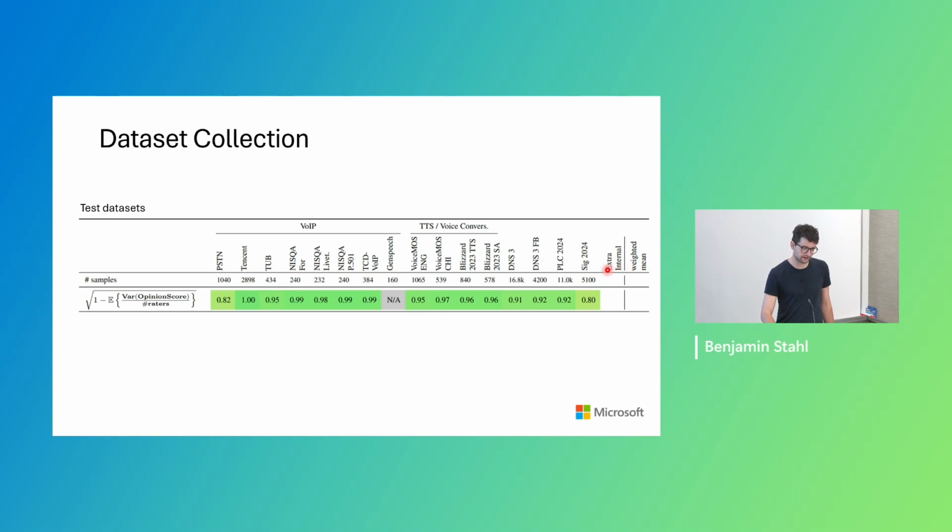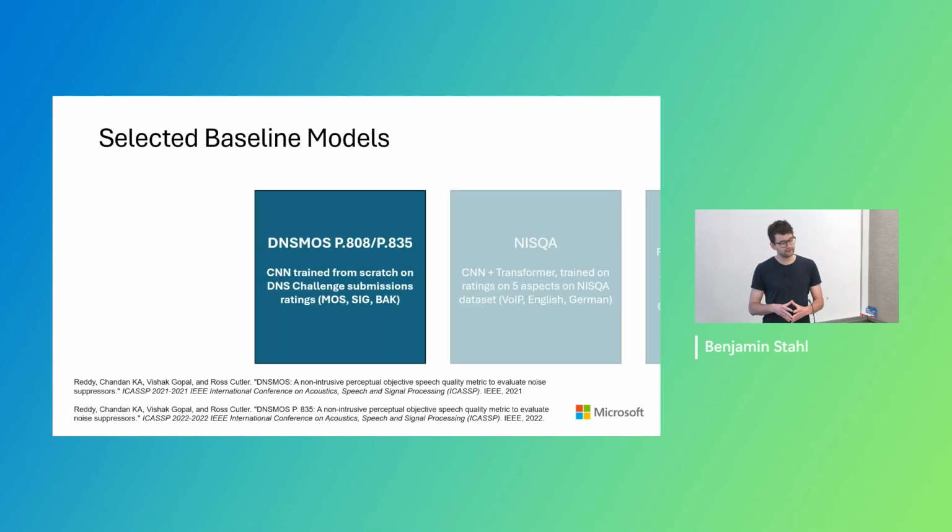Additionally, there was also an extra internal data set that I used for evaluation. This data set has unprocessed and processed speech and is used for improvements of Microsoft products and services. At this point, I want to say thank you to Xavier from Teams for doing the evaluations on this data set.